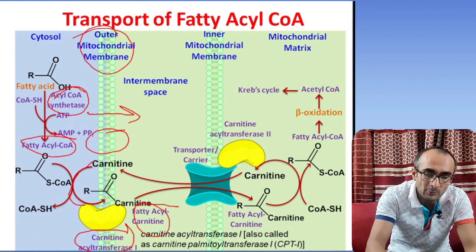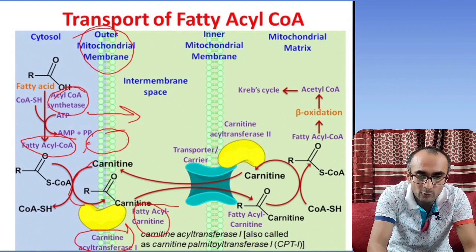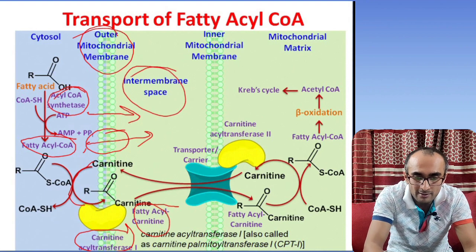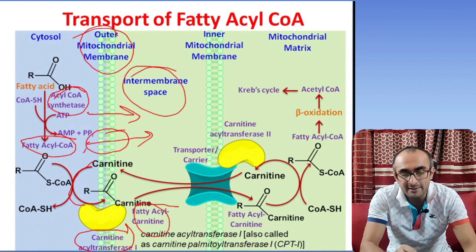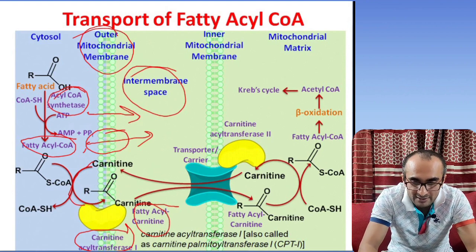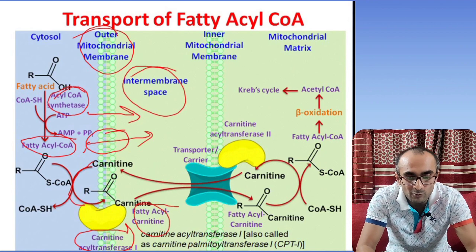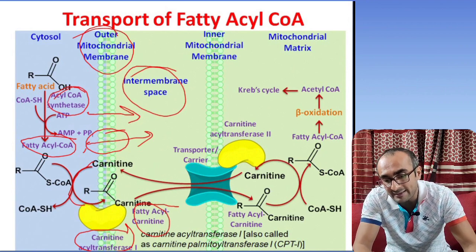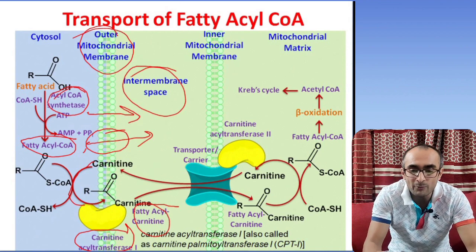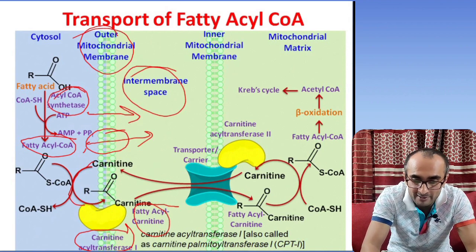So porin ke through fatty acyl carnitine will go to the intermembrane space, dono membrane ka jo space hai beech mein wahan pe jayega transport hoke. Uske baad fatty acyl carnitine will use a shuttle system. This shuttle system is a transporter system which is called fatty acyl carnitine or carnitine shuttle system, jo fatty acyl carnitine ko intermembrane space se matrix mein transport karega.